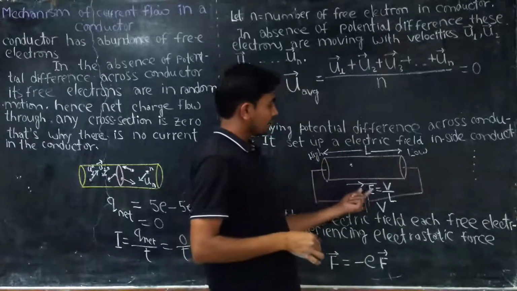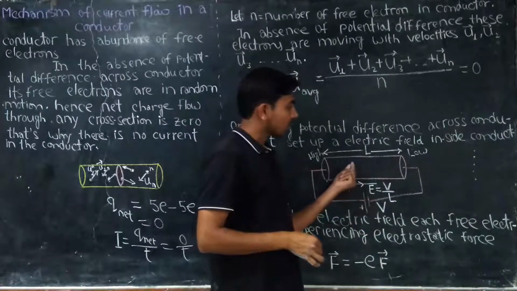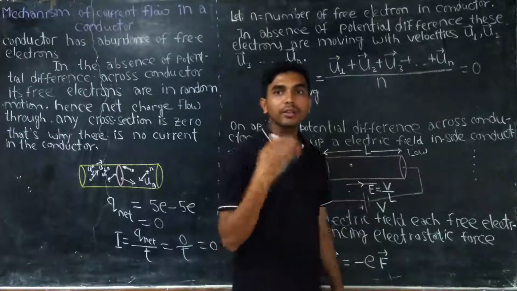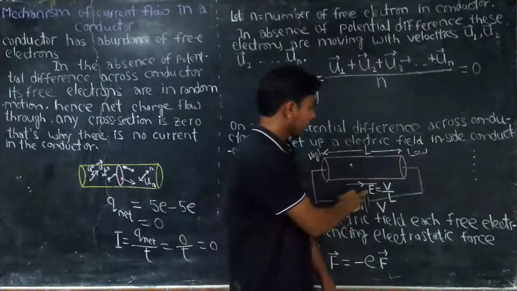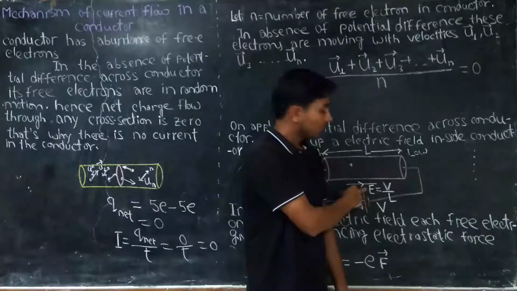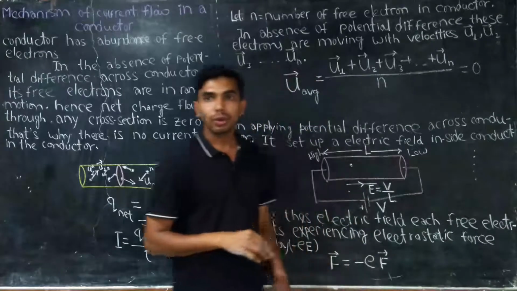But due to the battery there will be an electric field, and due to that electric field the electron will get some additional velocity. There will be a force on the electron.